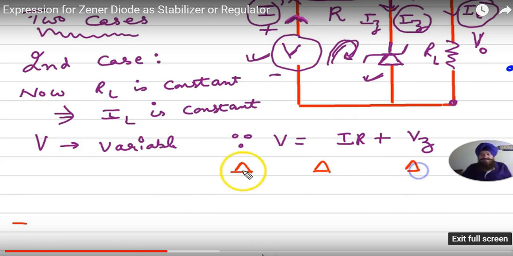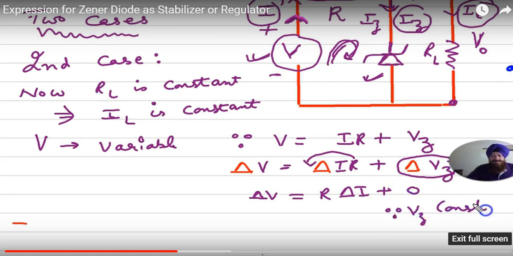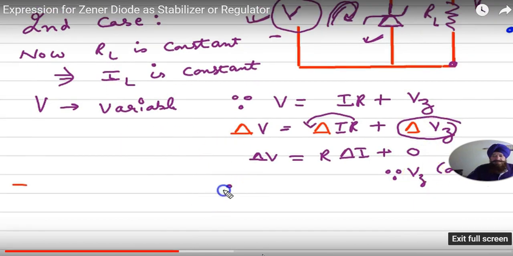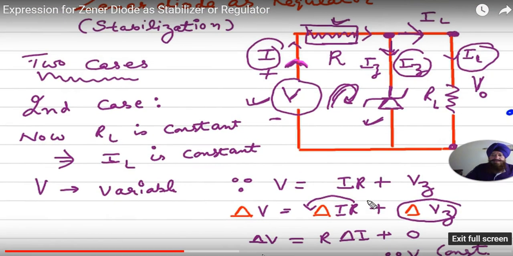Now multiplying each term by delta, delta V equals delta IR plus delta VZ. Now R is taken out, R delta I plus delta VZ. This is 0 because the voltage across the Zener remains constant, therefore delta VZ is 0. So delta V equals only R into delta I. Now what is I?